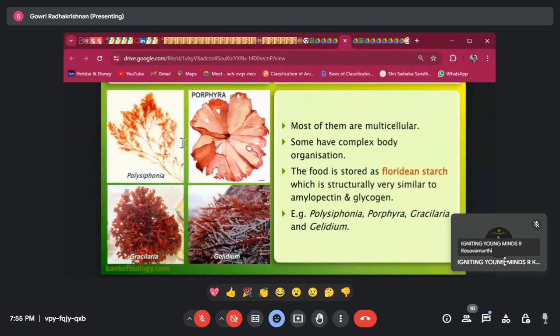Then most of them are multicellular. Some have complex body organization. Food is stored as Floridian starch, which is structurally very similar to amylopectin and glycogen.